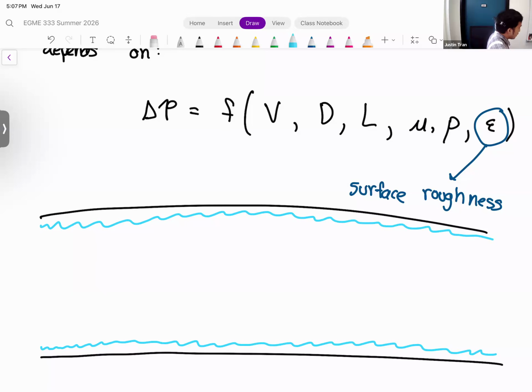But that surface roughness basically tells you the peak to peak amplitude of that graininess. If you take the difference between the height of the top and the bottom here, that is epsilon.